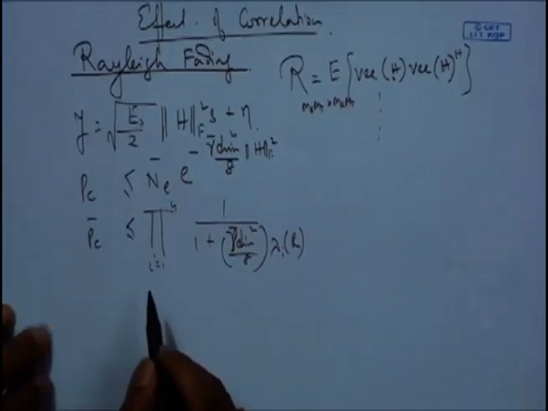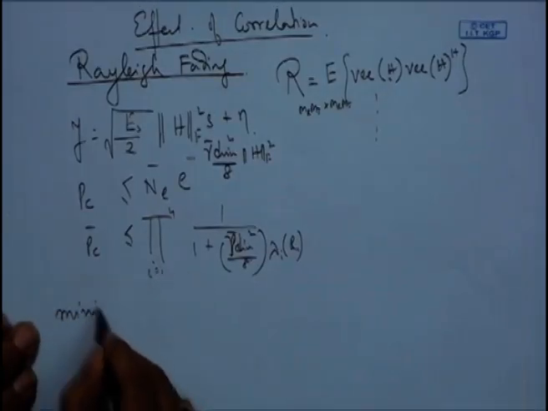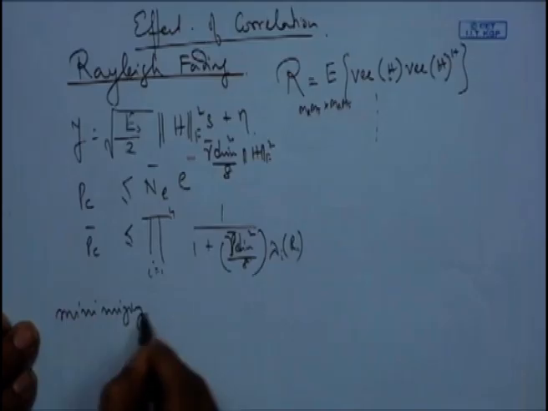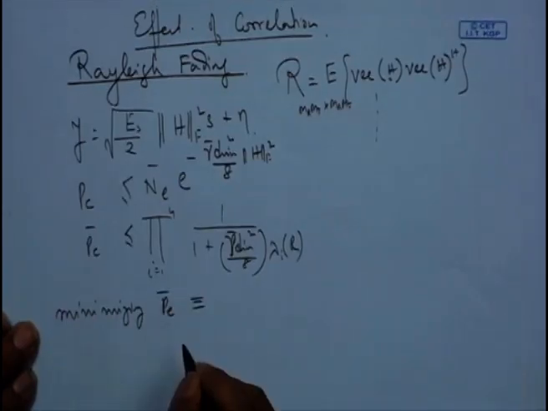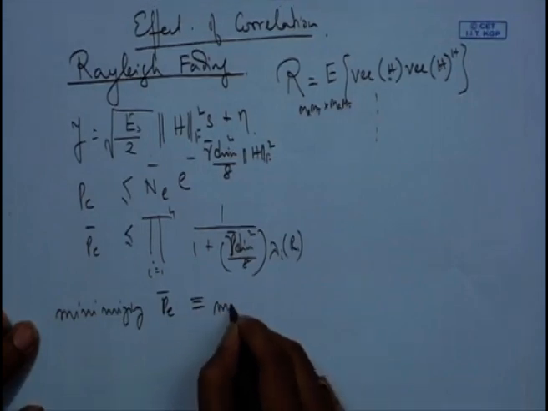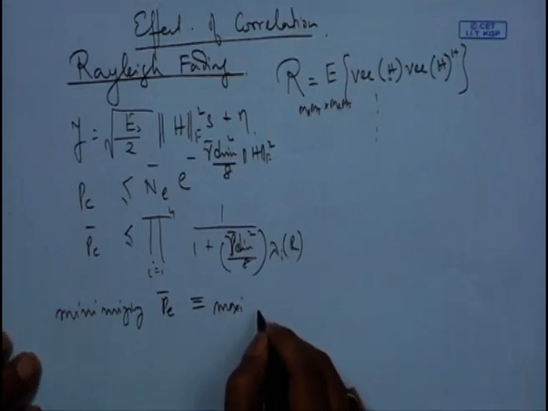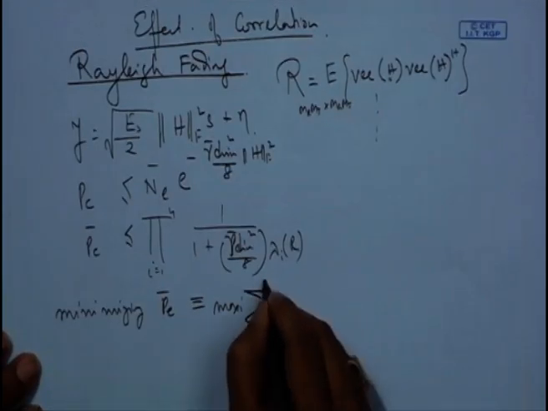What we are interested in is minimizing the probability of error expression. If you have to minimize the error probability expression, this is as good as maximizing the log of the sum over 1 to 4.